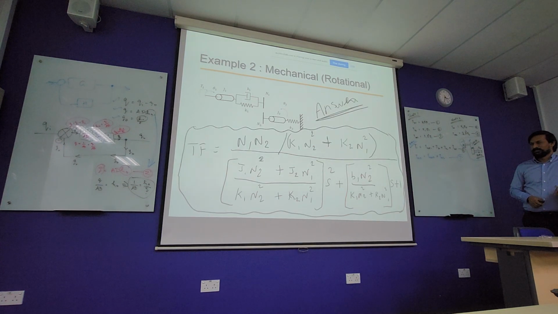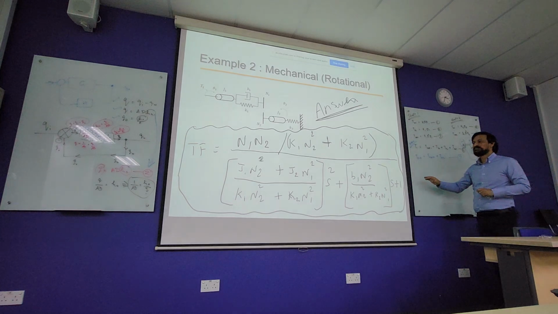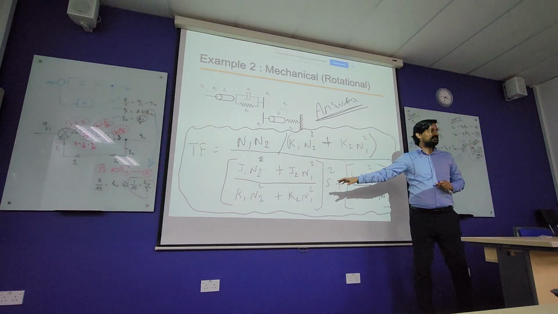I give this final answer, your transfer function. So straight away the answer is there. Like your first question, even though it's simple with one term only, here we have more than 5 or 6 components. Your final transfer function answer will be like that.